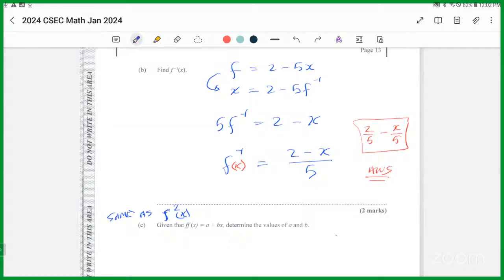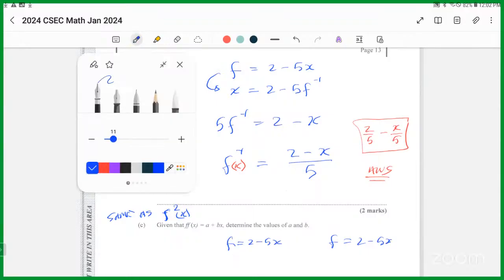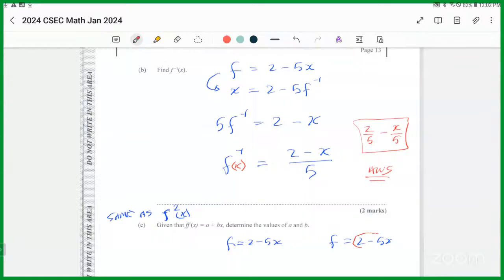So it's like we have f equals 2 minus 5x and f equals 2 minus 5x. To form f of f, you need to take all of f and put it back into itself where x is right here. That is it, f back into itself.